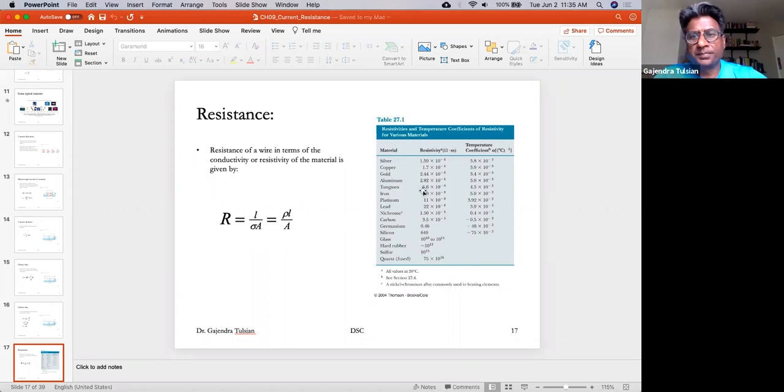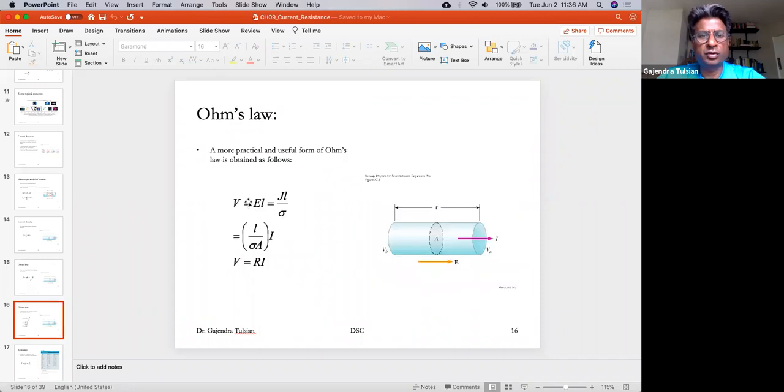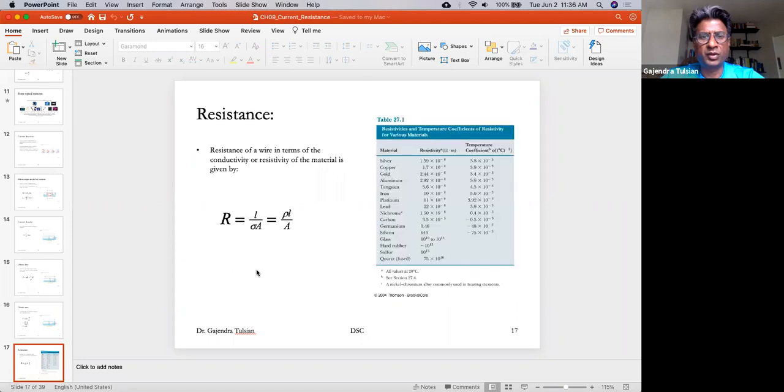This quantity is a characteristic of the material, and it's important enough that you find tables listing them. So you can see for metals, the units of resistivity are ohm meter. And by the way, the units of resistance are ohm, in honor of Mr. Ohm, who investigated these types of things. So resistance is measured in ohms.